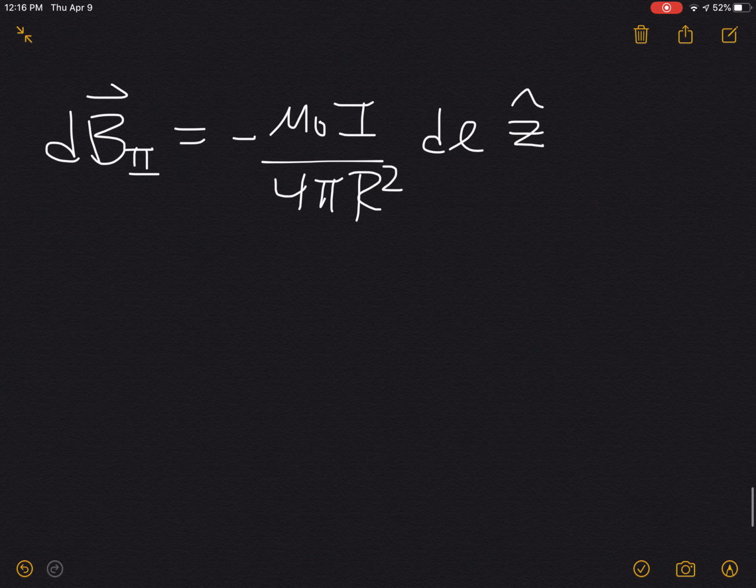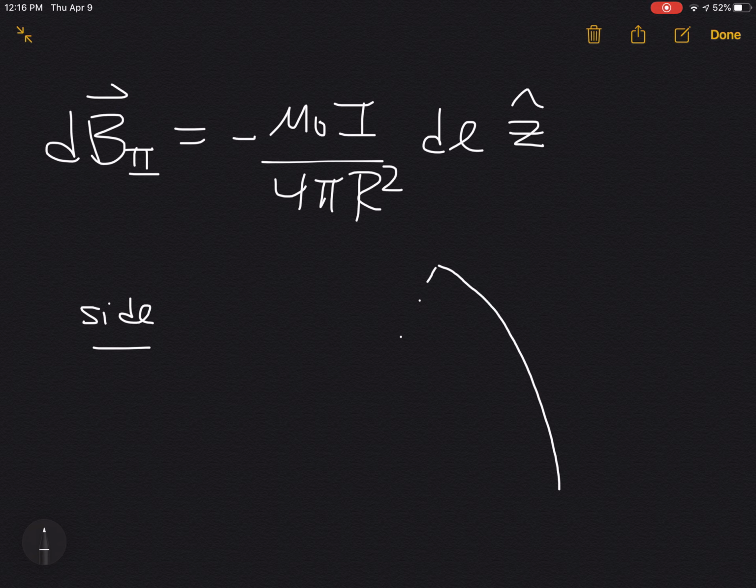And the way to do that is to remember that we're dealing with a dl that comes from a segment of a circular piece of wire. So this is some side work. Recall, you've got some circular piece of wire. This is some distance r. And some segment of this circular wire, S, is equal to that radius times the angle that's been elapsed.